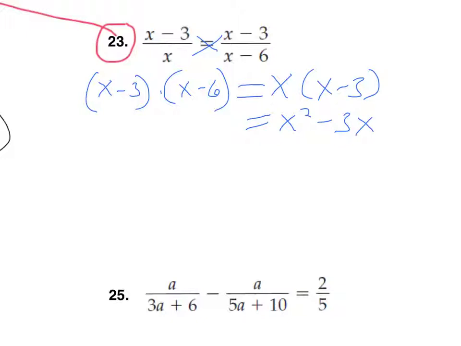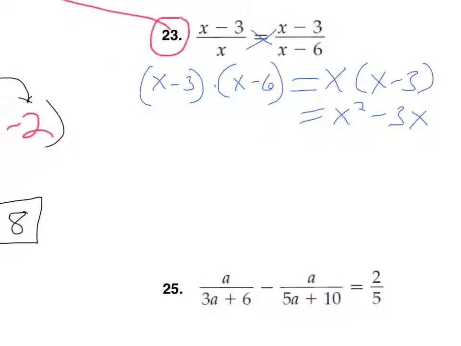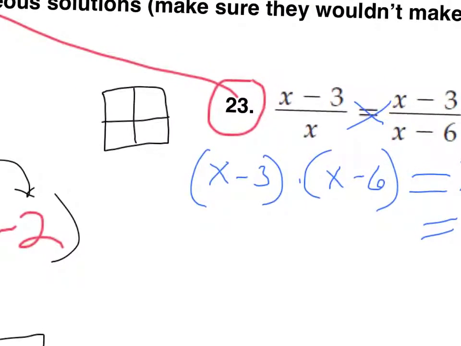On the left side, you have a couple options for how you want to do that. You can FOIL it, or you can use the box method, whichever way works for you. I'll use the box method. I know a lot of you liked using that, so I'll draw a little box up here. Let me zoom in on that. I am multiplying x minus 3 times x minus 6, so we'll just do each box.